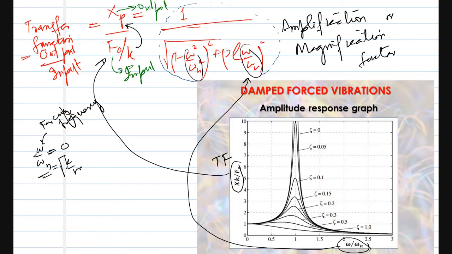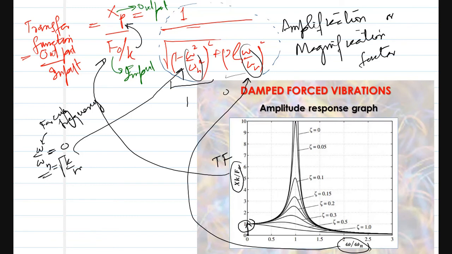It can be an earthquake, it can be wind, in the case of machines, faults, it can be anything. The frequency of that particular force is omega. So if omega over omega n is 0 and you put this value in this equation, this term goes to 1, and zeta is 0, this term goes to 0, so you get 1 out. You can see this starts from 1 at omega over omega n equals 0.